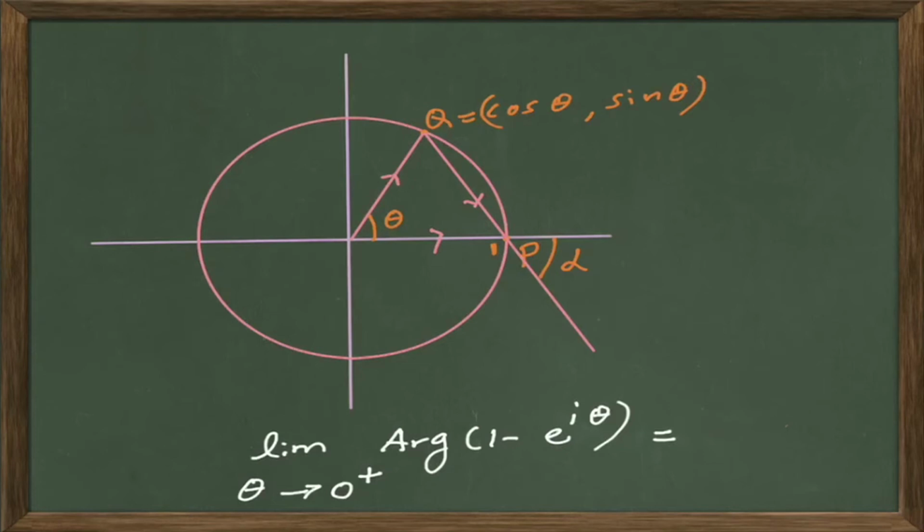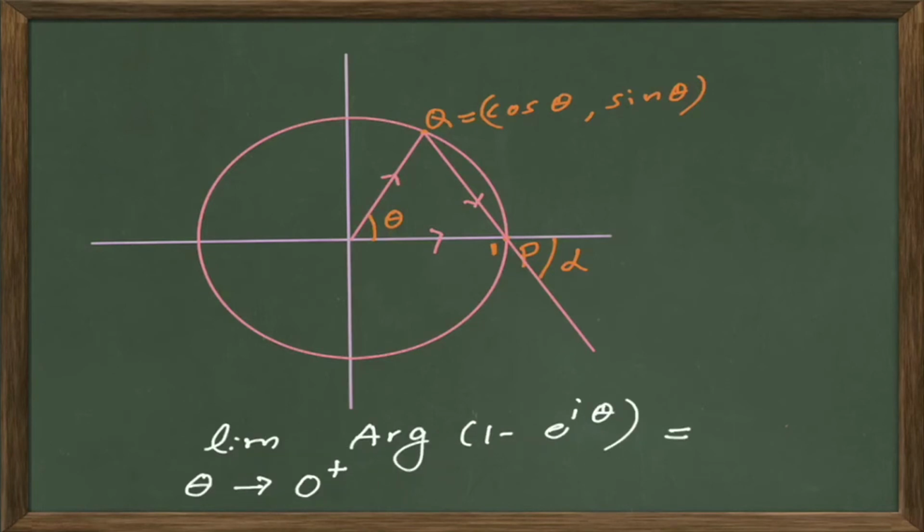The angle is 0 when Q is at the point minus 1 comma 0. So it is clear that this limit is equal to minus pi by 2.